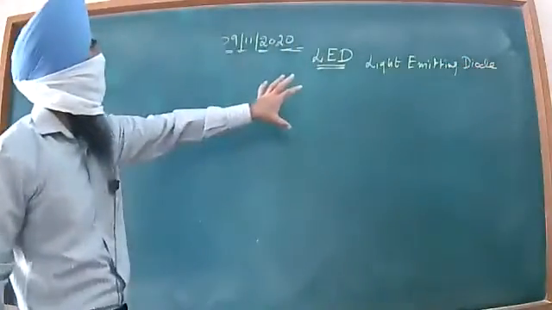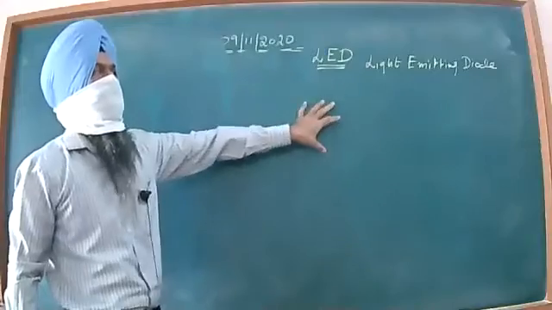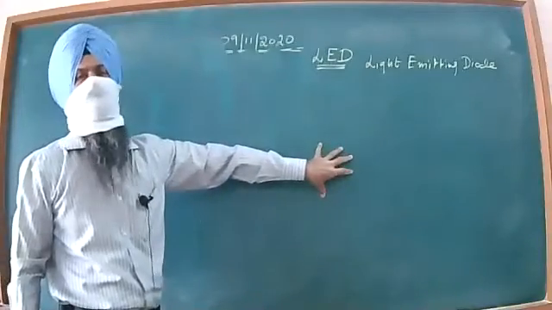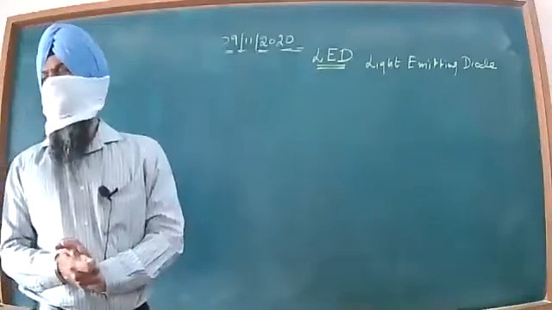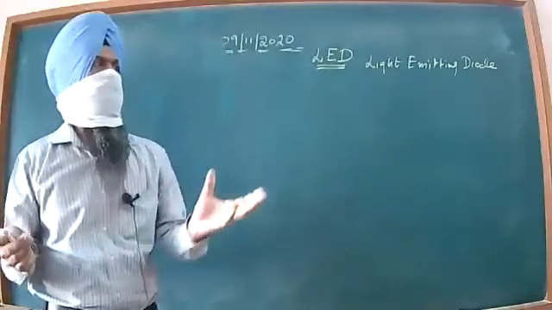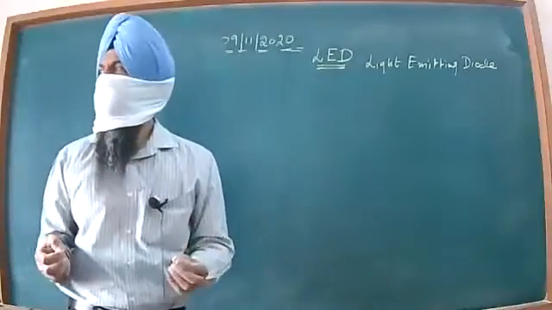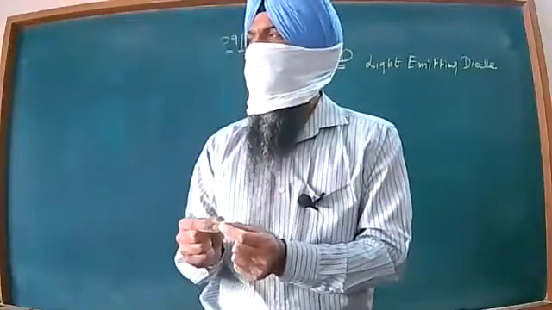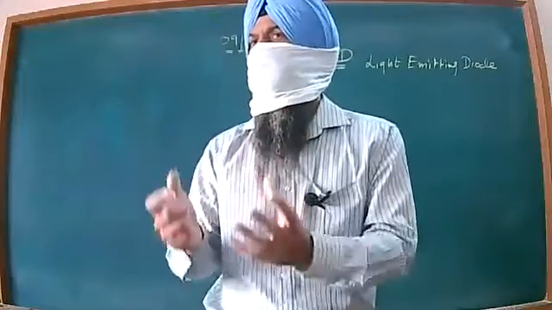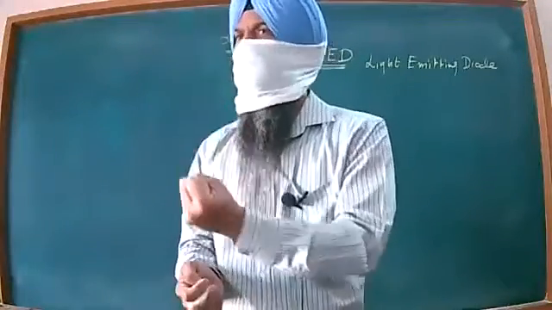Now beta, how is this LED different from our ordinary PN junction diodes? In our ordinary PN junction diodes, when we talked about the working, we were saying that when electron and hole recombination takes place, the diode becomes a little bit hot.